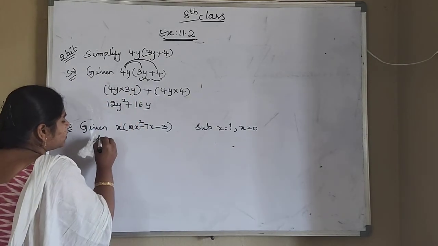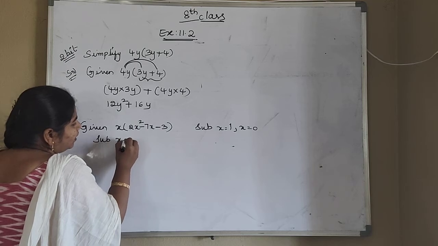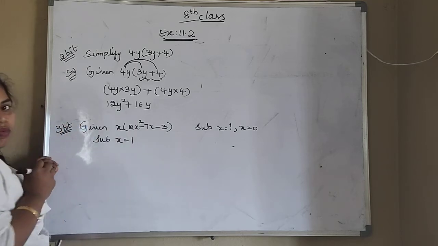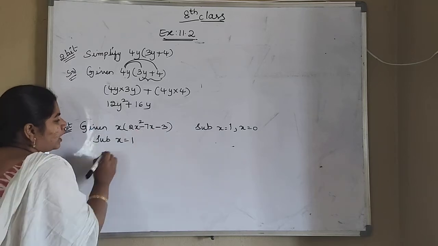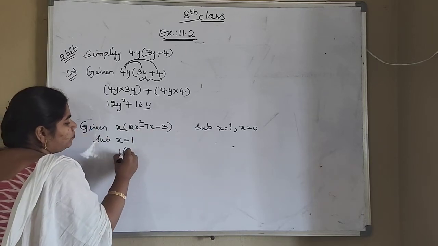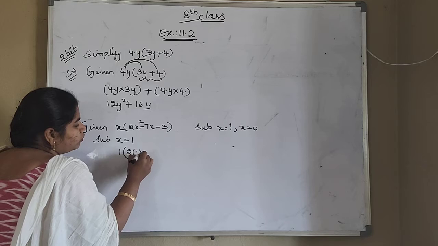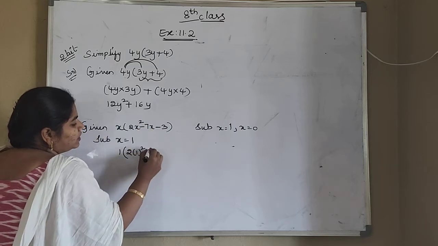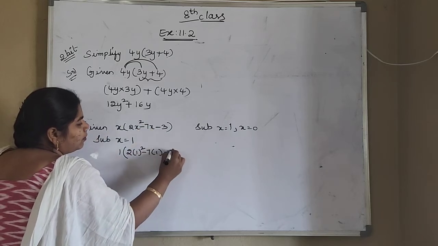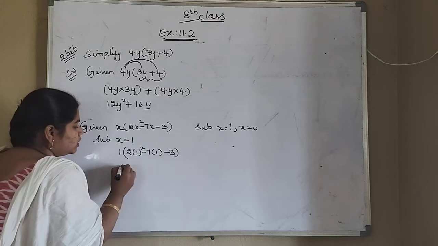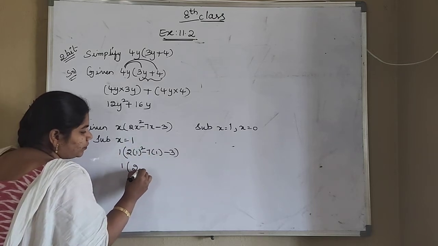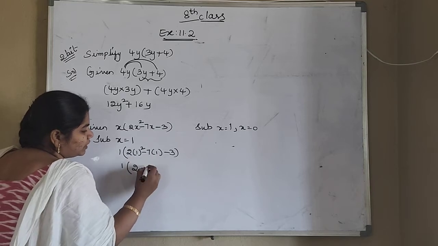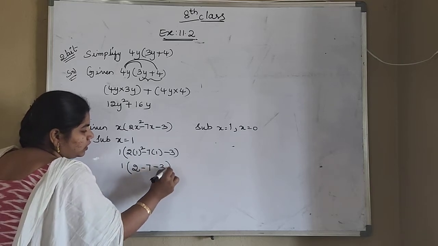So first I am substituting x equals 1. In place of x, I have to substitute 1. So 1 into 2 into 1 square minus 7 into 1 minus 3. 1 square will be 1. 1 into 2 will be 2, minus 7 ones are 7, minus 3.